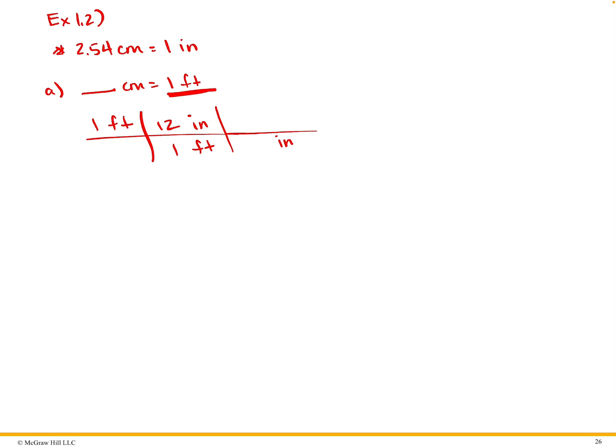Do we have a conversion from inches to centimeters? We sure do. So for every 1 inch, there's 2.54 centimeters. Now get your calculator, do 1 times 12, you could divide it by 1 if you wanted to, times 2.54, and again, you could divide it by 1 if you wanted to, but you should get about 30.48 centimeters.